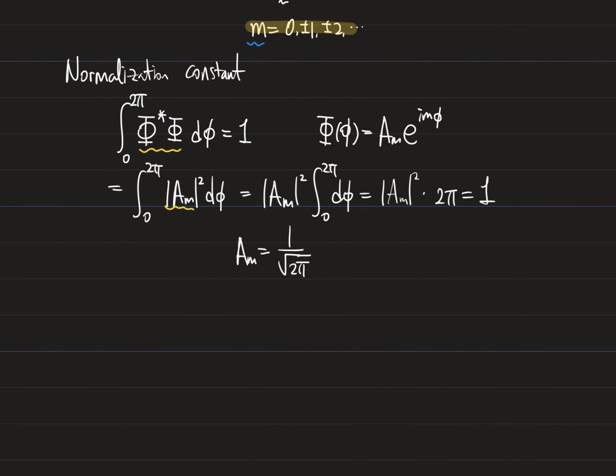So this reveals the wave function in terms of the variable p. Capital P should look like 1 over square root of 2 pi exponential imp, with the restriction that the m value should be 0, plus minus 1, plus minus 2, etc.